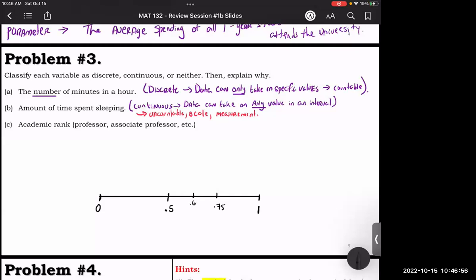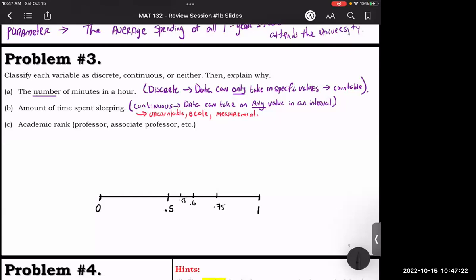But then I'm also wrong, because if you look at the interval between 0.5 and 0.6, is there a value that comes after 0.5 yet is less than 0.6? Yes. What value can you think of? 0.55.